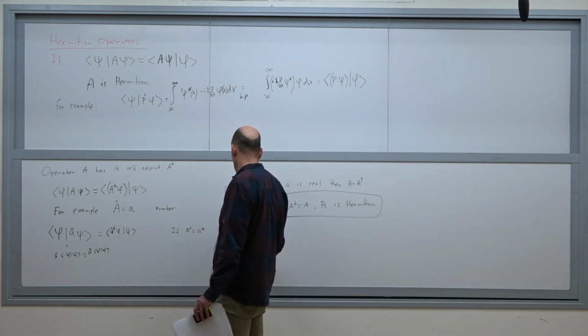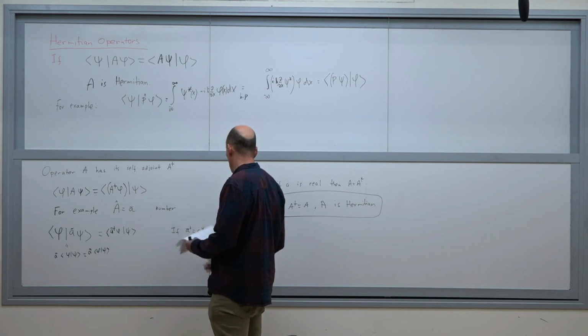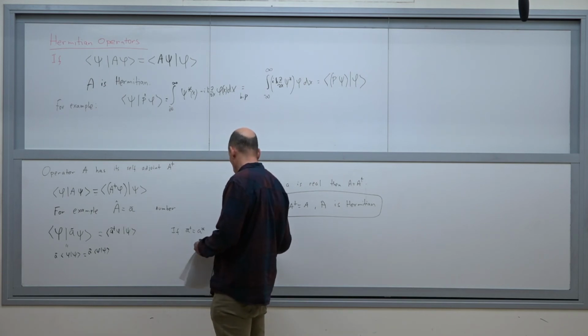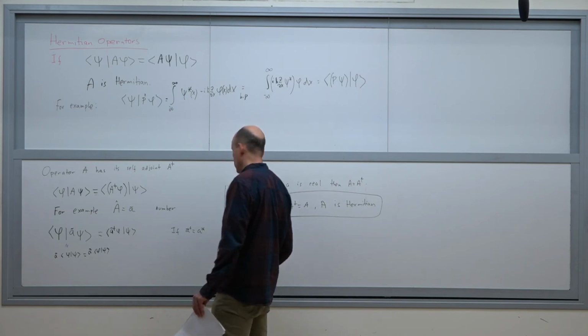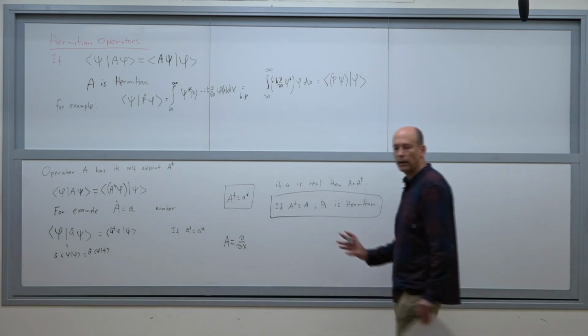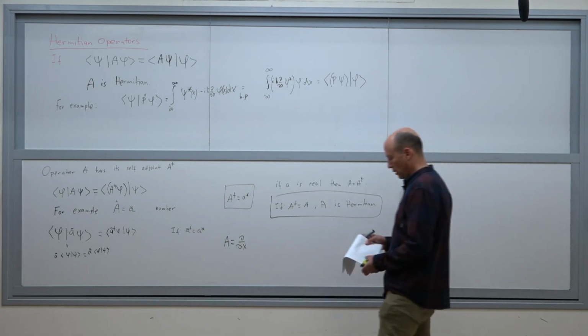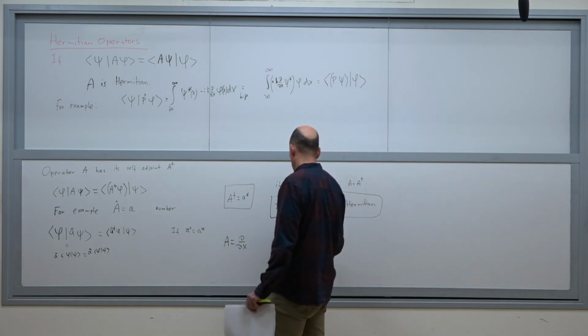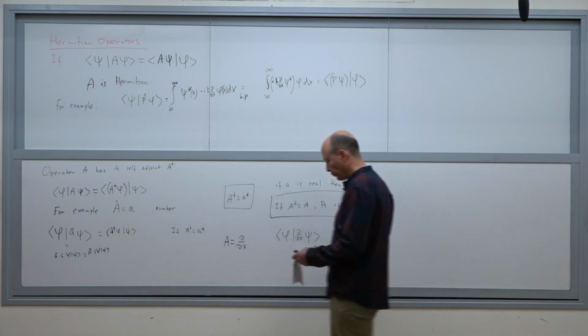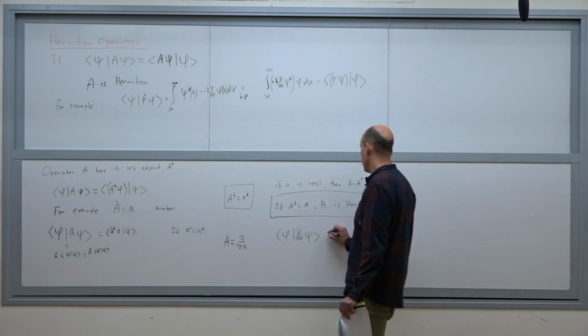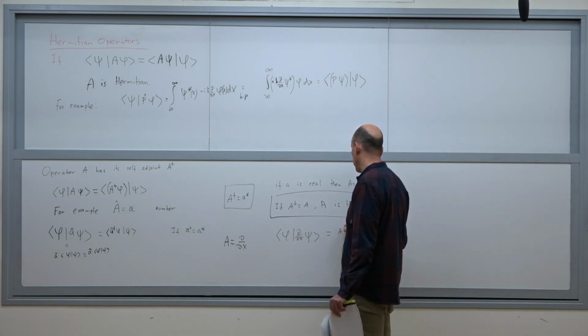So for example, let us look at one more example. It's also a simple example. So let us say A is the derivative d over dx, without the i. So what do I have here? I have phi, d over dx psi. This is equal to A dagger phi, psi.